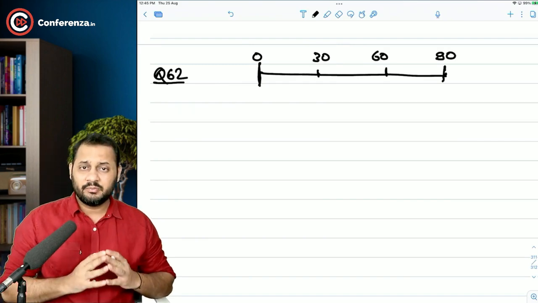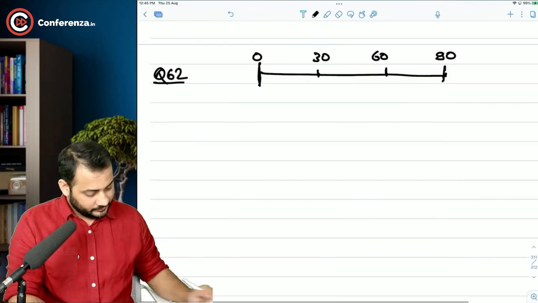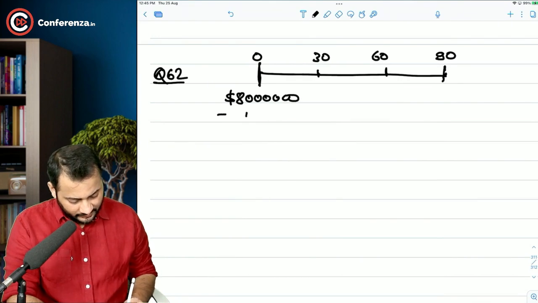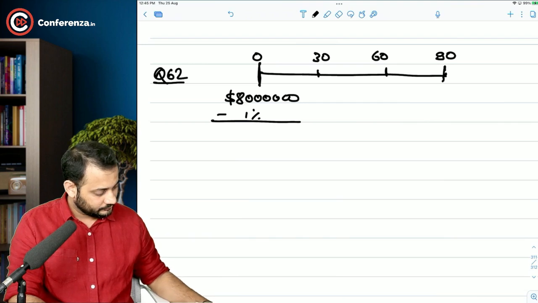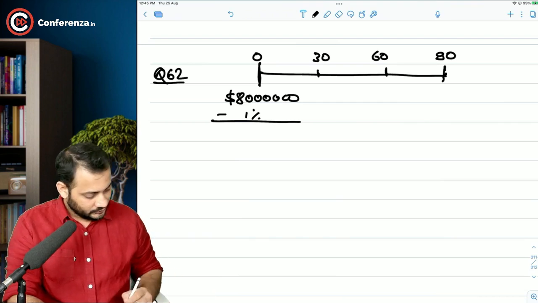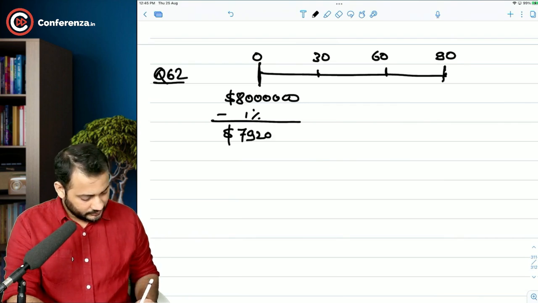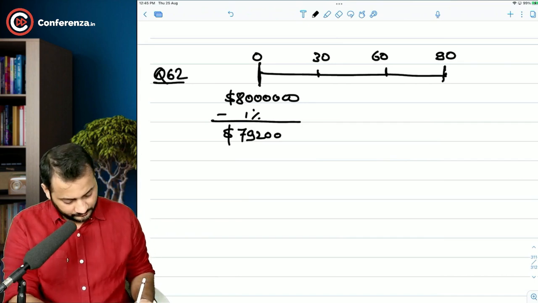I can make the payment immediately. How much is the amount? $8 million. And I will get 1% discount if I make the payment immediately. That's how much I have to pay today. 792,00,00.